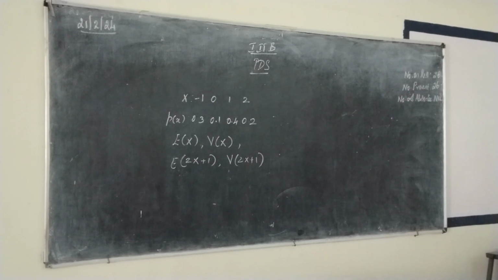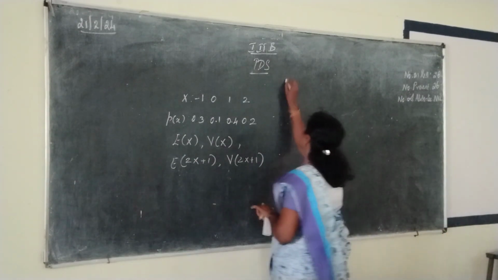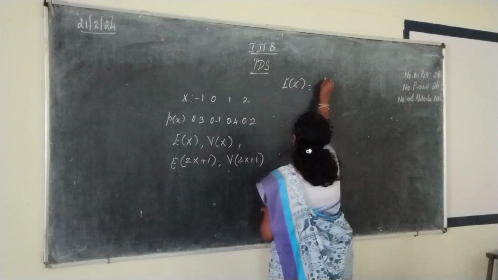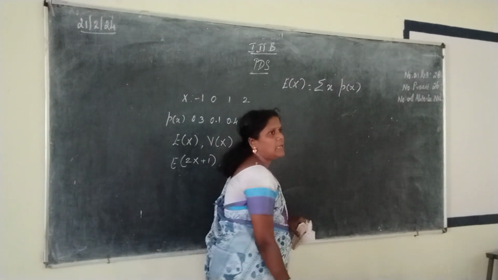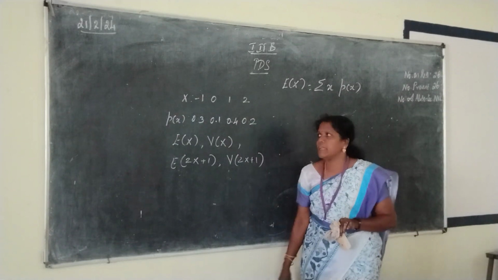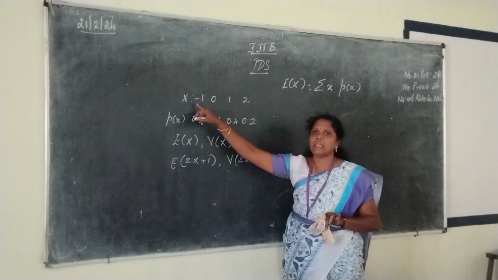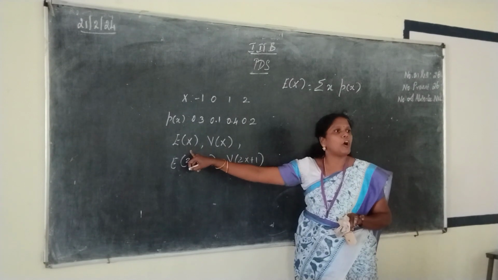So E of x is equal to summation of x into p of x. It's very simple. You have to multiply each x value with the corresponding probability value.